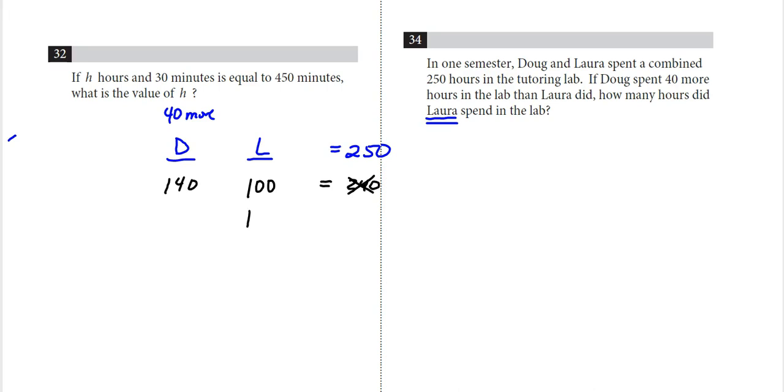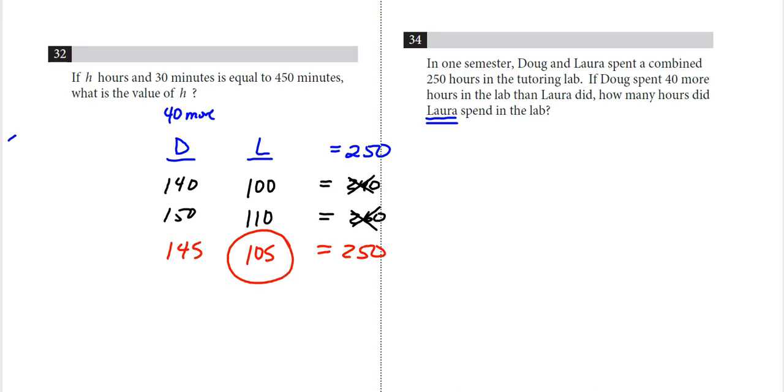Maybe I'll go up to 110 for Laura. And if I add 40 more, Doug would be 150. And that's too big. That took me up to 260. So I know it's going to be right in between there. So I think if I pick 105 for Laura, and then I make Doug be 40 more, that's going to come out to be 250. So I know my answer is 105.